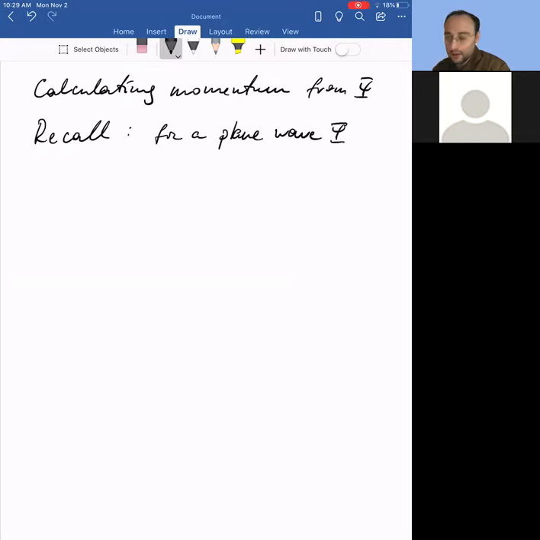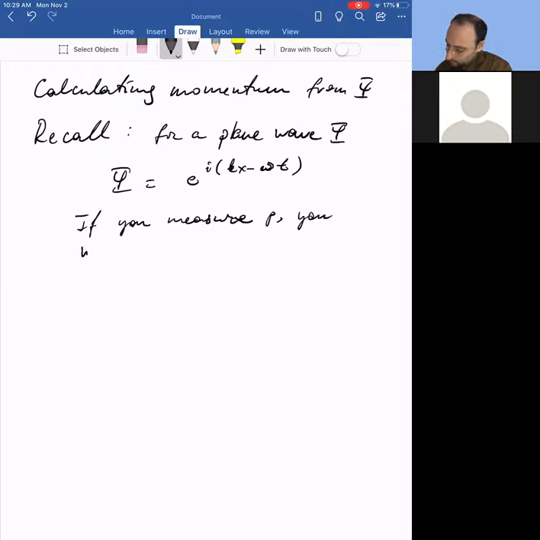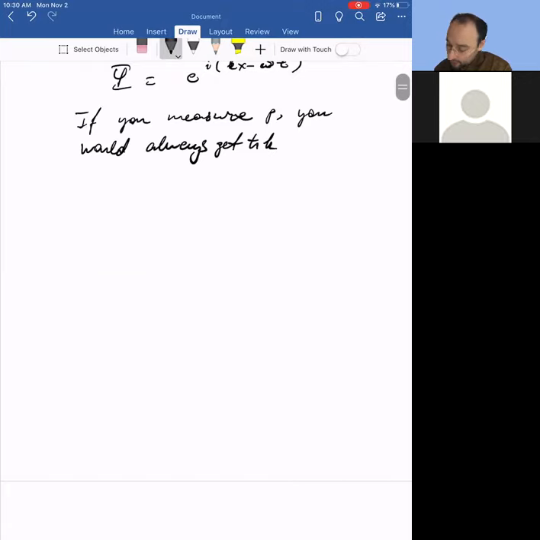For a plane wave function, if you measure momentum, you would always get h bar k.